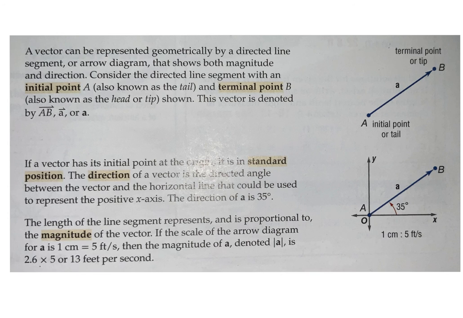So when we talk about magnitude, we are talking about somewhat twofold. They told us right here 1 centimeter is 5 feet per second. And if this were 2.6 centimeters, you have to basically convert it: 2.6 times 5, 13 feet per second.